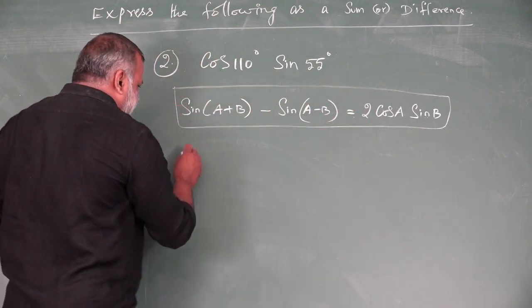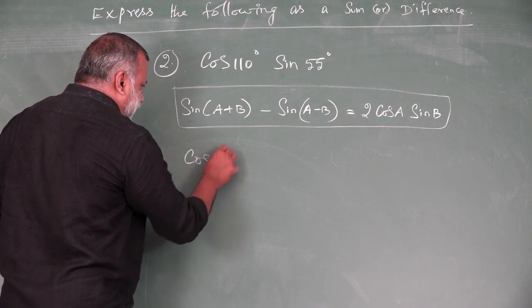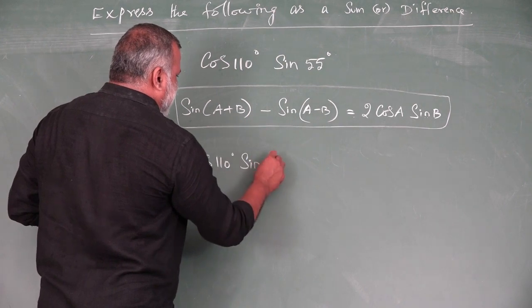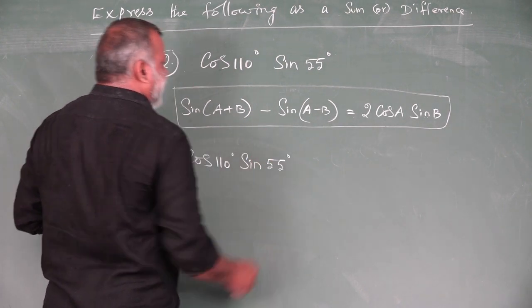Now select that. Cos A is replaced by 110 degrees, then sin B is replaced by 55 degrees.